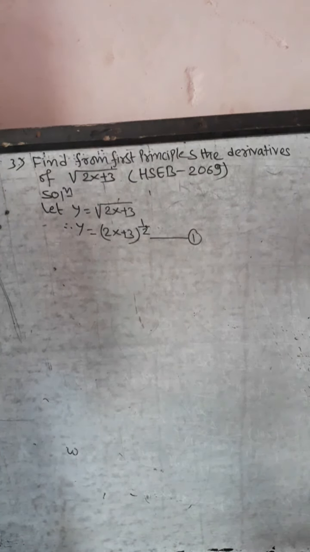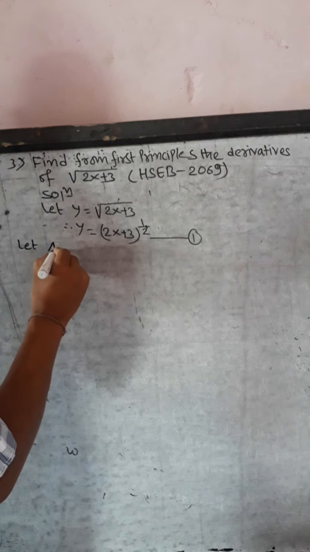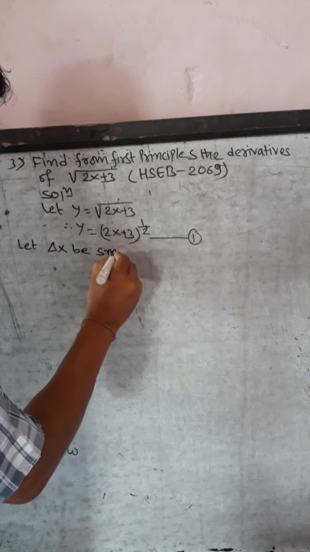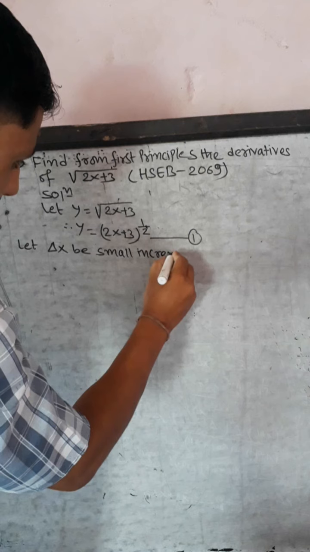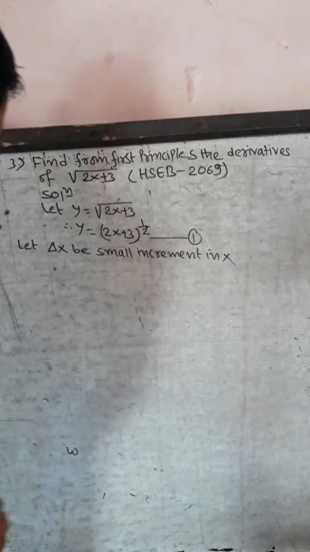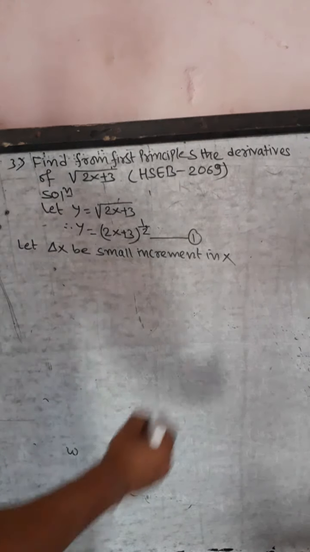Okay. Now same way, first you have to let del x be a small increment in x, and I have already told you, if x increases, then with respect to x, what will also increase? Y will also increase.